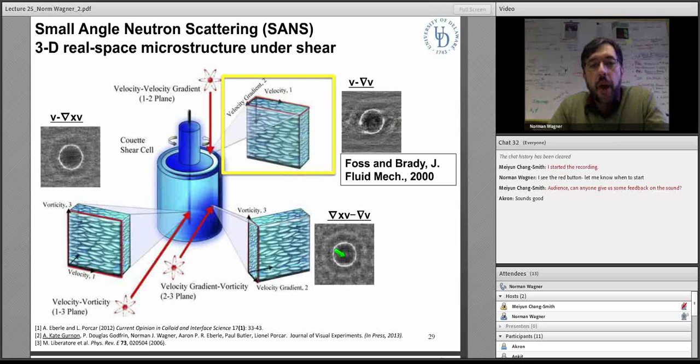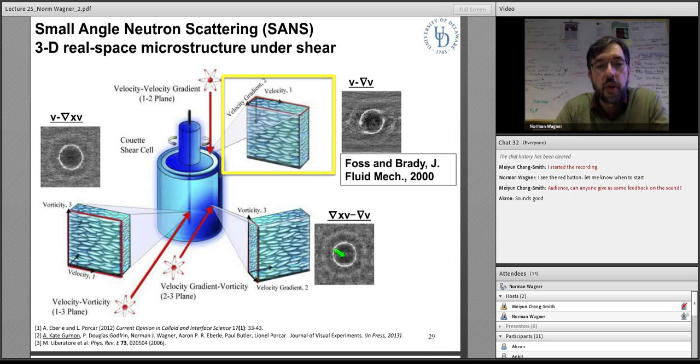So here's a better artistic depiction of what is actually happening in the experiment. I have oriented things in such a way that we keep the shear cell fixed and we look at the neutron line changing. But of course, that's not how the world works, right? So our neutron reactor or spallation source is fixed, and we have to change or tip the rheological tooling.